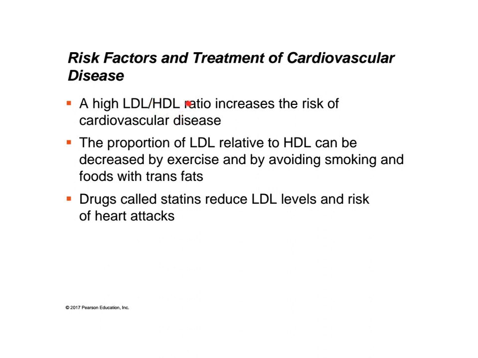A diet higher in plant fats, things like olive oil and so forth. Remember, fats and oils are essentially the same thing. Fats just happen to be solid at room temperature. So diet can change this ratio. Of course, exercise is also influential. The portion of LDL relative to HDL can be decreased by exercise and by avoiding smoking and foods with trans fats.